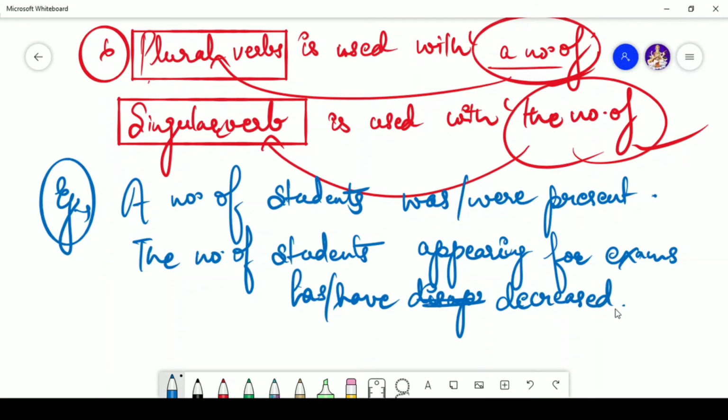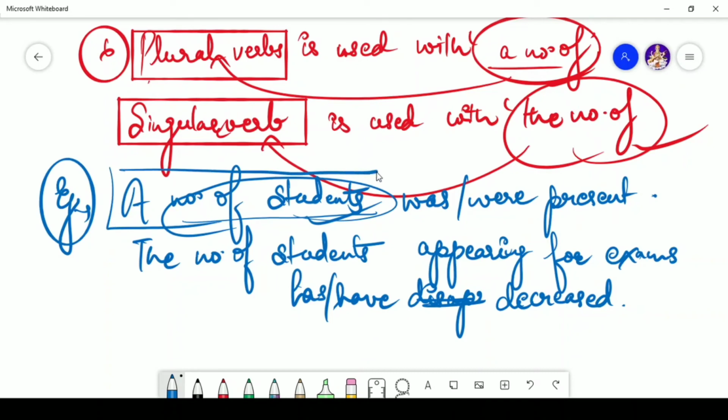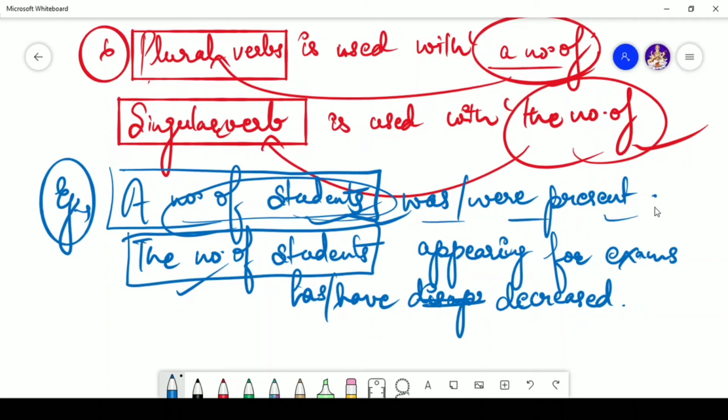Okay, these are two examples given to you. The first one makes use of a number of students, the second one is the number of students. Let's read out the whole sentence. A number of students was or were present. You have to choose the correct form. The second sentence says the number of students appearing for exams has or have decreased.